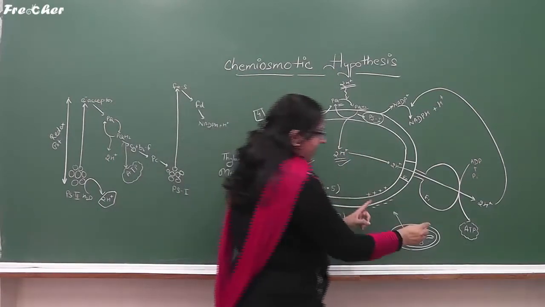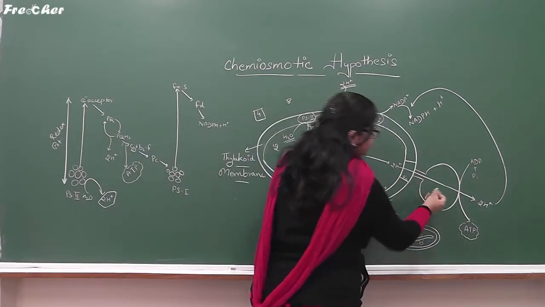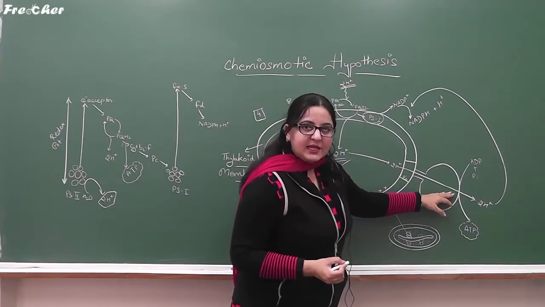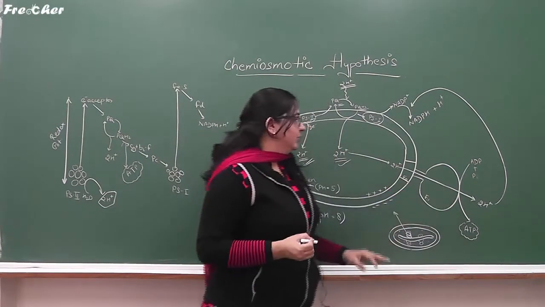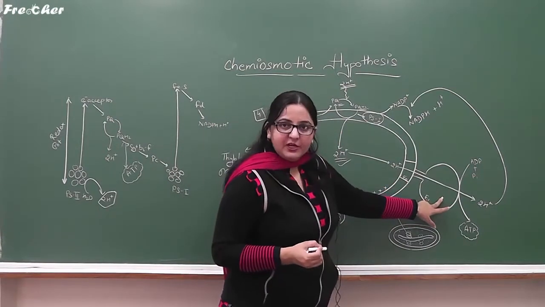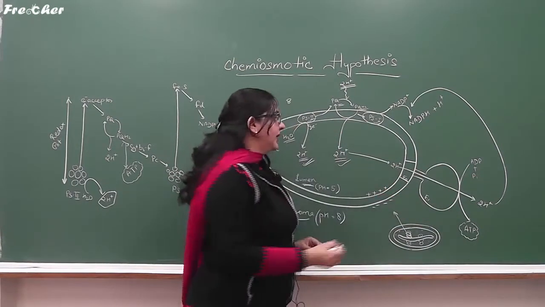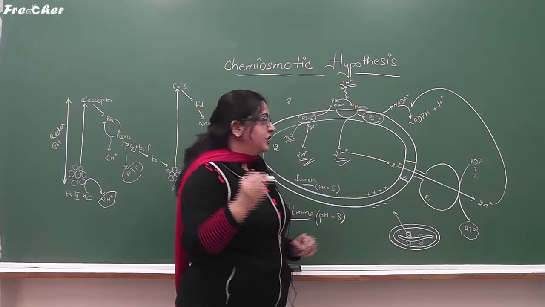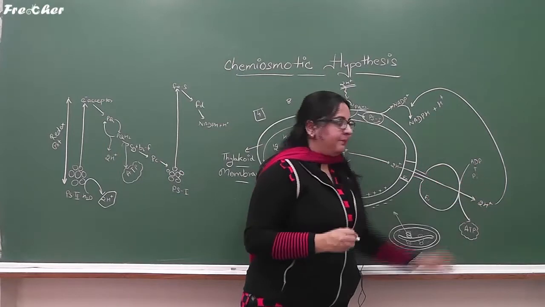They pass through the CF0 CF1 complex. It is the ATP synthase enzyme. It has 2 main units, the F0 and F1 units. The F0 unit is embedded into the thylakoid membrane. The F1 unit is towards the stroma.